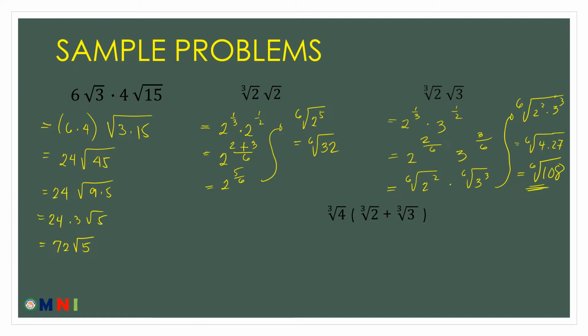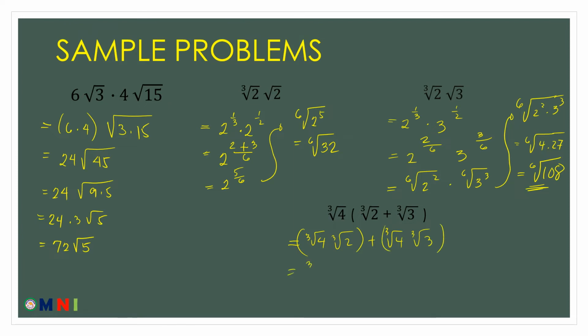And of course, if we have a combination of all, we are going to apply the distributive property. So the cube root of 4 times the cube root of 2 plus the cube root of 4 times the cube root of 3.